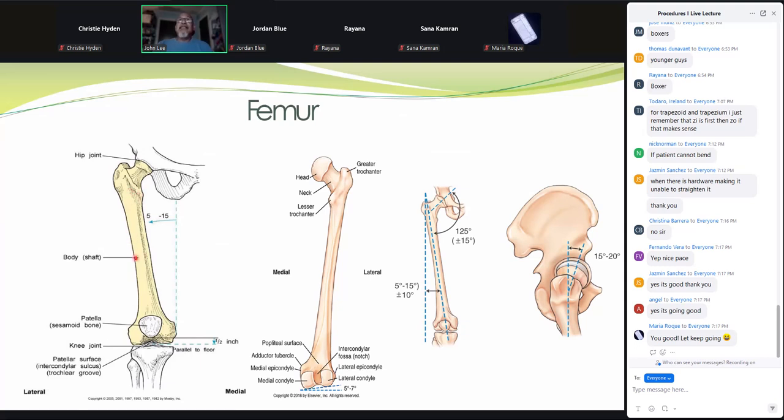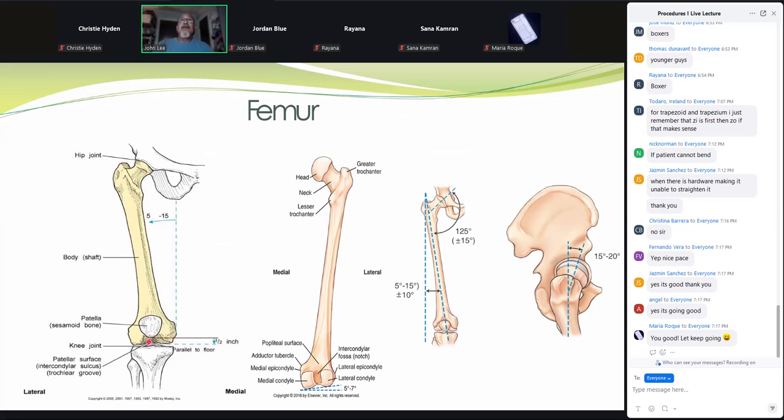Now it leans in and traverses medially anywhere from 5 to 15 degrees. This puts our femoral neck and shaft at roughly a 125-degree angle, plus or minus 15 degrees. Again, everybody's not the same.